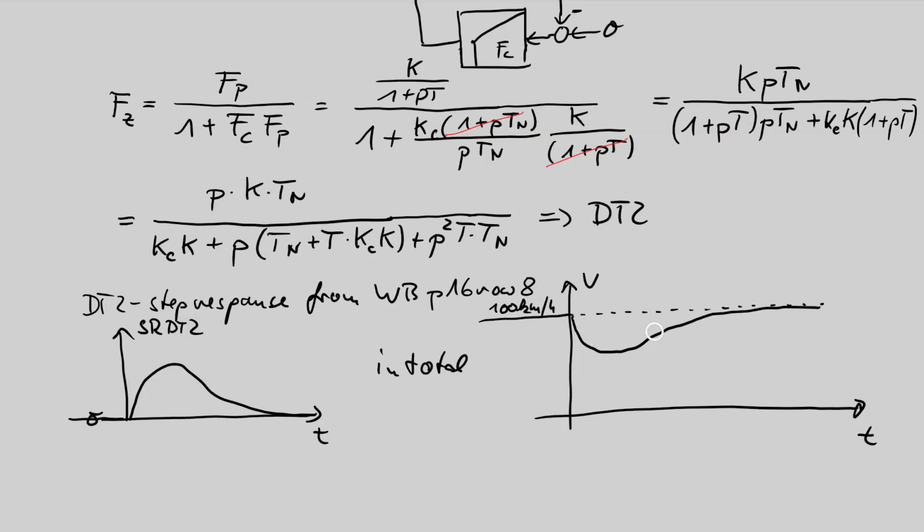If this is acceptable or not depends on this value, delta V, and depends on the time behavior. So what I can give you is this T max T min value. We can calculate this.